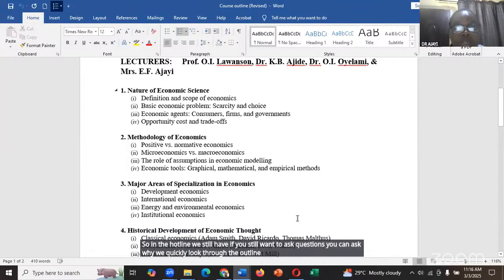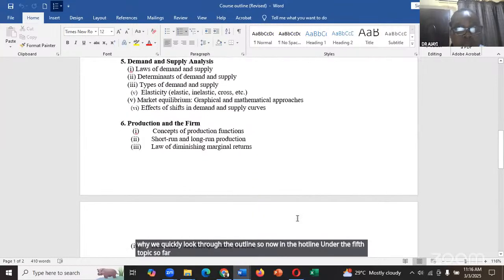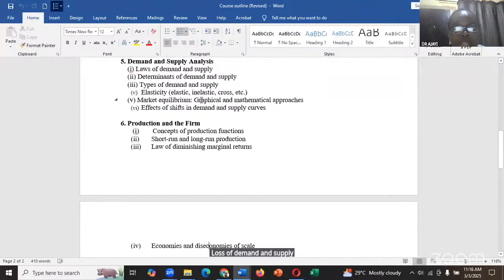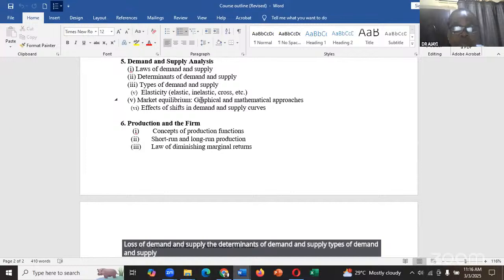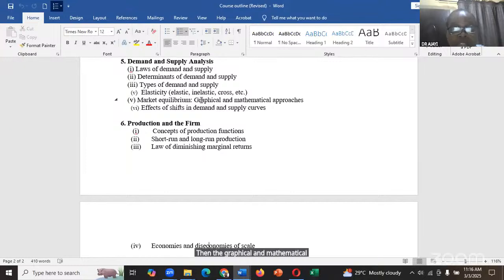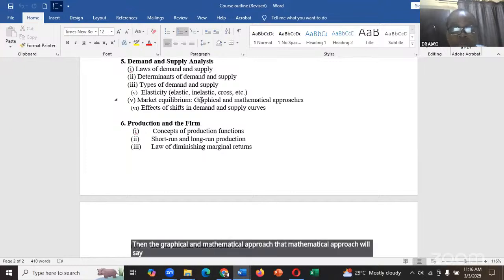Under the fifth topic so far, we have covered the laws of demand and supply, the determinants of demand and supply, types of demand and supply, then the elasticity of both demand and supply, market equilibrium, then the graphical and mathematical approach. For that mathematical approach, I will quickly bring up an example for us.